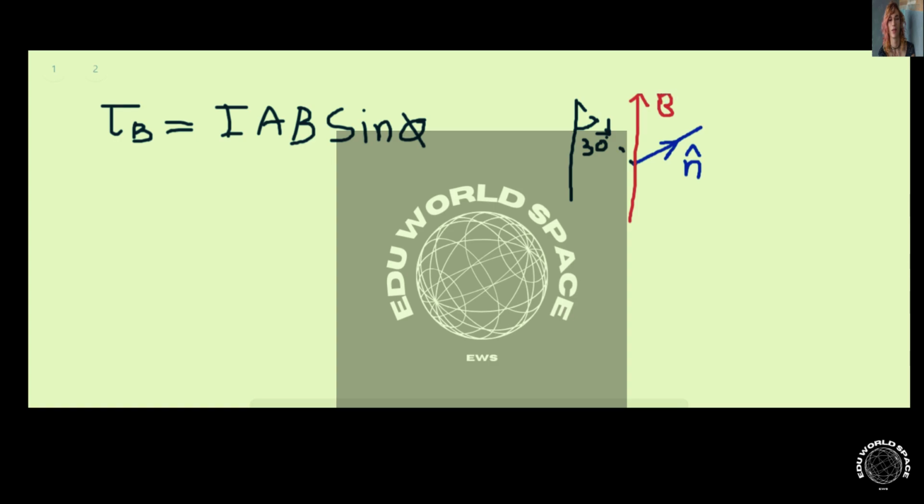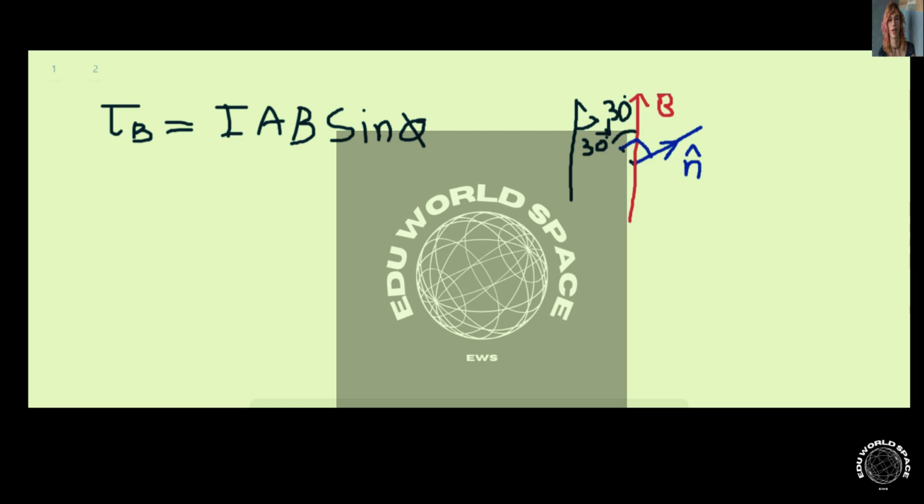And one thing that you want to keep in mind is that by definition, the normal makes this 90-degree angle with the r vector from before. And so this angle is 30 degrees. And this red line and this solid black line are parallel, which tells me that this angle is also 30 degrees. And this angle is 90 degrees between the normal and the vector r.